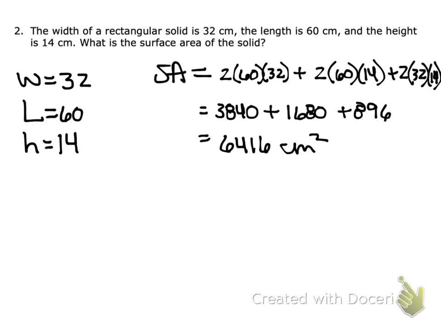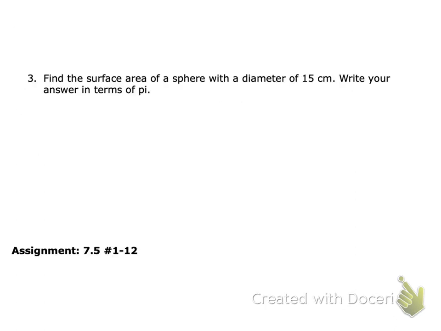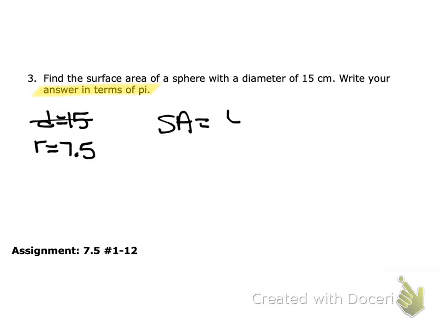All right, last example. Find the surface area of a sphere with diameter of 15. Write your answer in terms of pi. So diameter of 15 means a radius of 7.5. Surface area of a sphere is 4 pi r squared. So this is going to be 4 times pi times 7.5 squared.